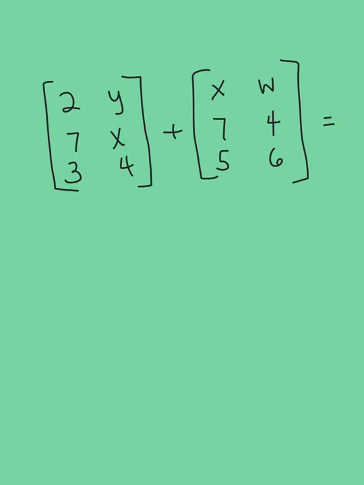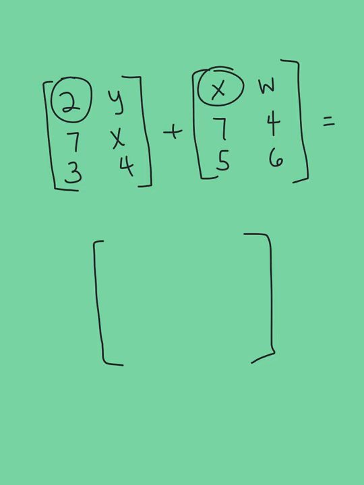Okay, in this example, we're adding matrices again, but this time we have letters and numbers. So remember that letters and numbers can be multiplied, but they cannot be added and subtracted. So we're going to add 2 and x, but we can't just write 2x. That would be multiplying. Those cannot be added, so you just write 2 plus x. 7 plus 7, that can be added. That's 14.